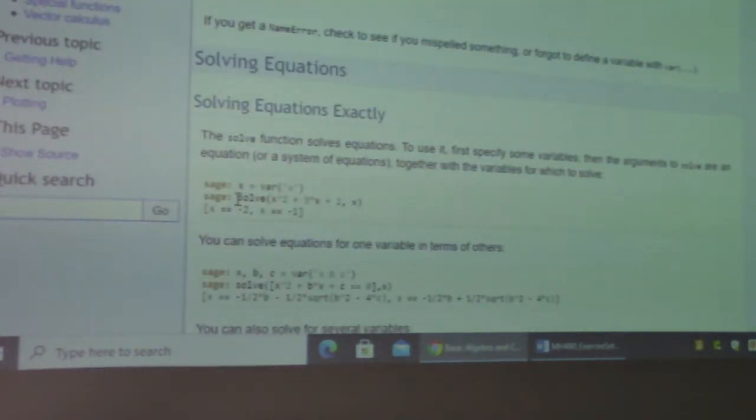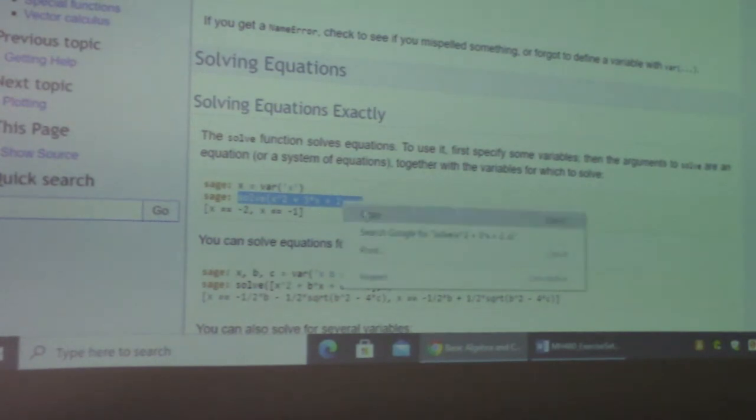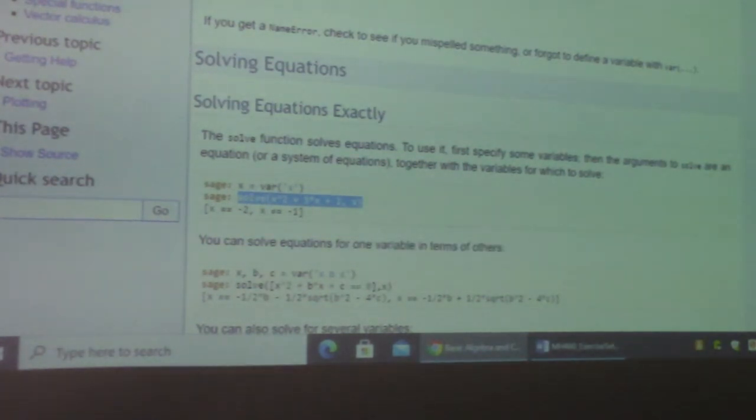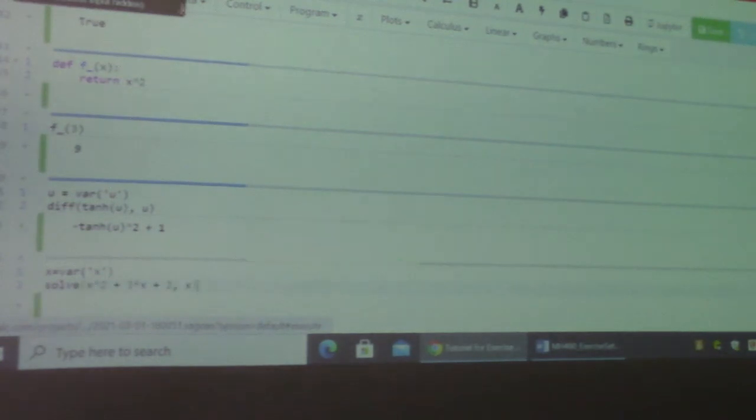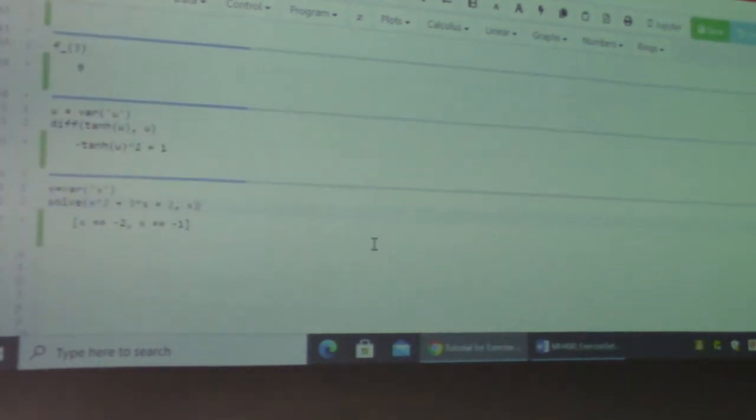Solve. So apparently either x is equal to -2 or x is equal to -1. Since we can factor, I think we agree, right?